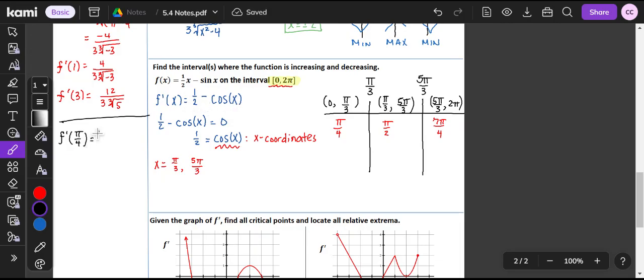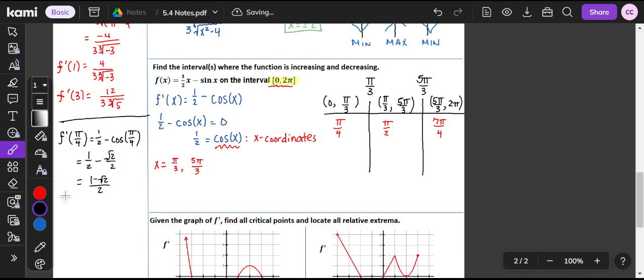So I know it's going to be 1/2 minus the cosine of pi over 4. All right. Let's see. The cosine of pi over 4 is root 2 over 2. So this is 1/2 minus root 2 over 2. We can combine that into one fraction, and I end up with this.